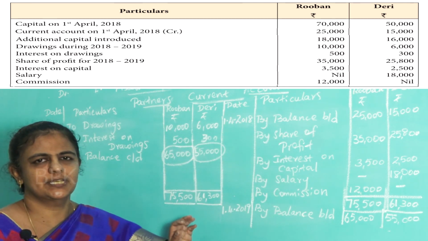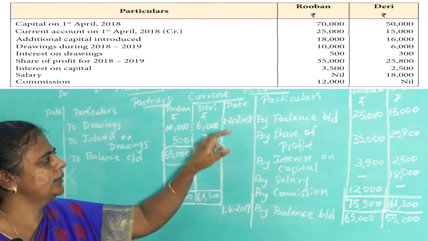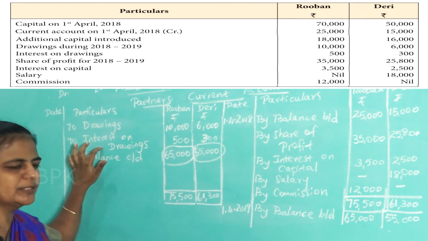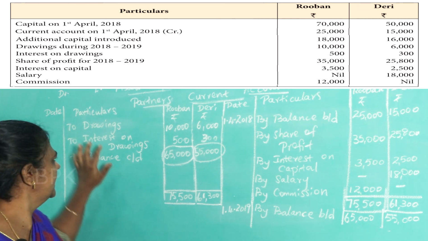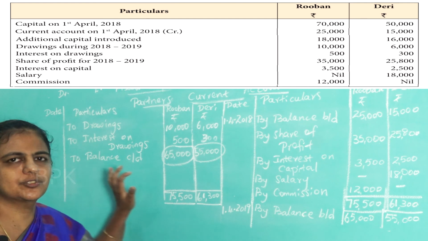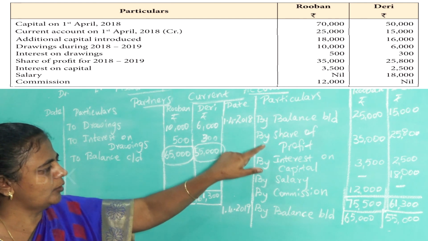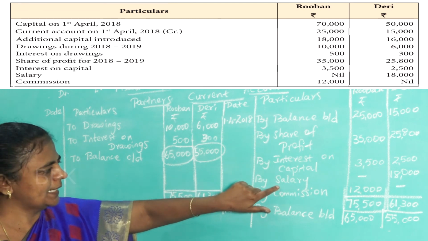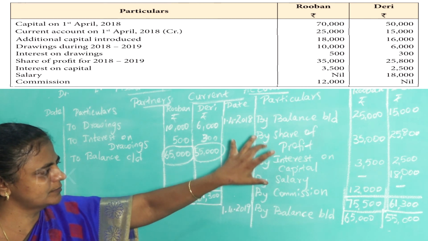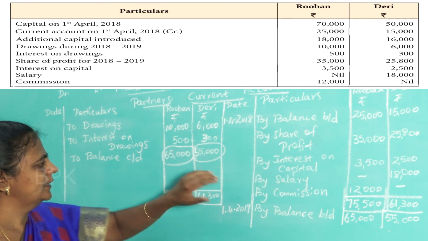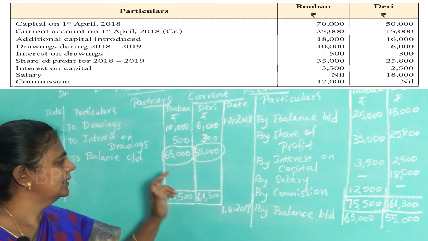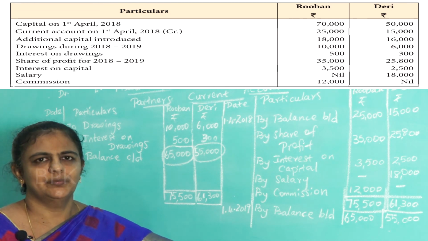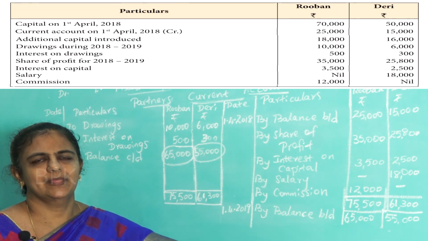Hope you understood, children, how to prepare the current account, bring down the current account balance, and on the debit side always only two items will be there. What are they? Drawings and interest on drawings. Okay, and all the other adjustments, share of profit, interest on capital, salary, commission, all the other adjustments show it on the credit side. Find which side is greater, put the balance and then bring it down. Okay. Hope you understood, children. Thank you.